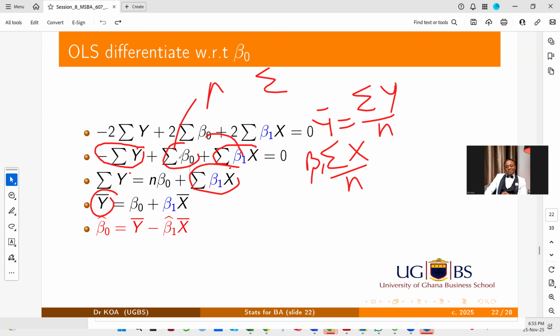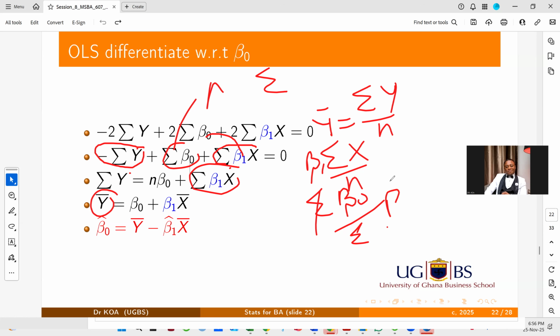But in the case of the beta naught, it is just like dividing the sample size by itself. So that sample size will cancel because it becomes n by n. If you divide sigma beta naught by sample size, they cancel.